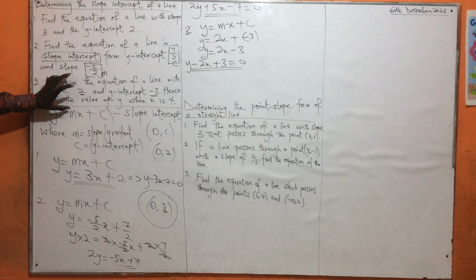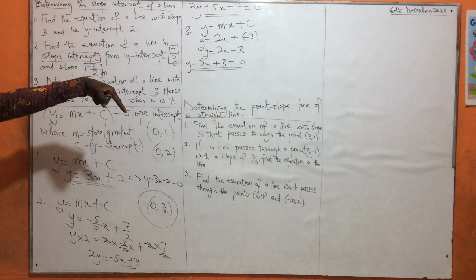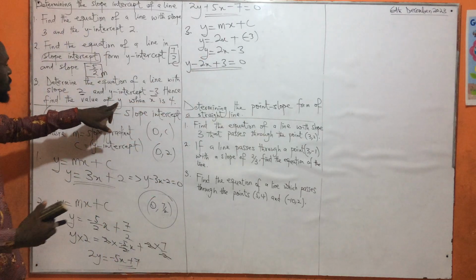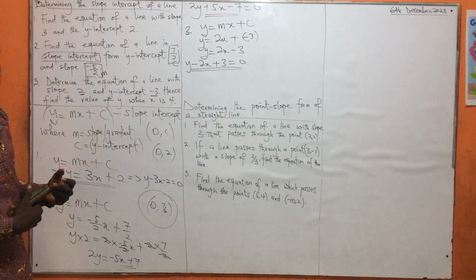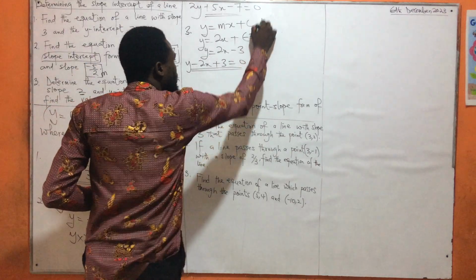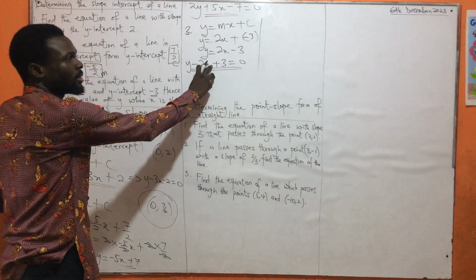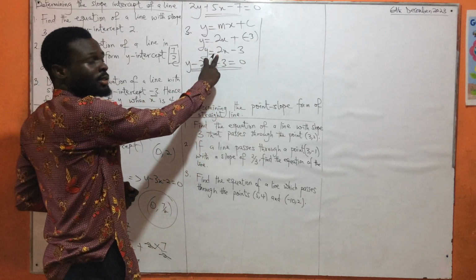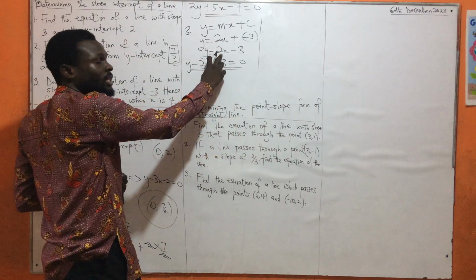So number 3 is saying find the equation. Now, this being the equation, we have to find the value of y when x is 4. We can choose to use this equation or this one.